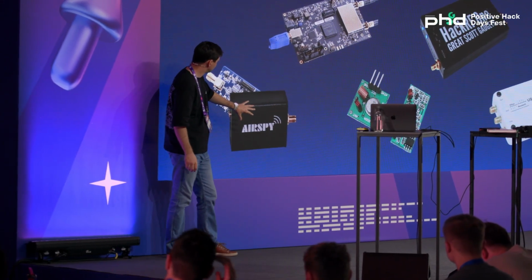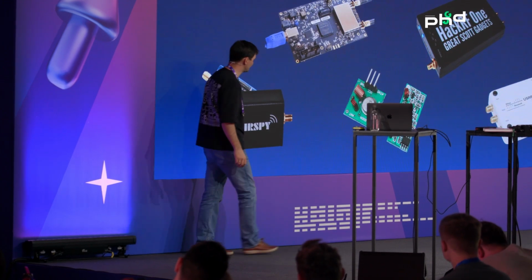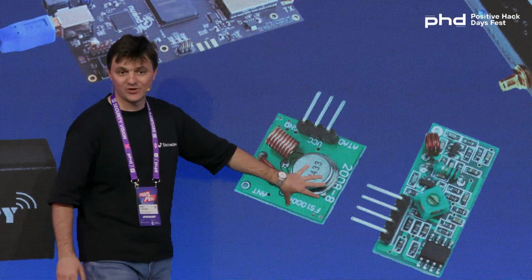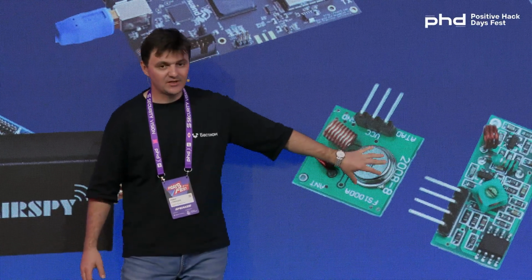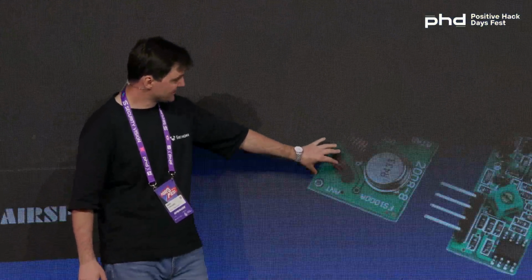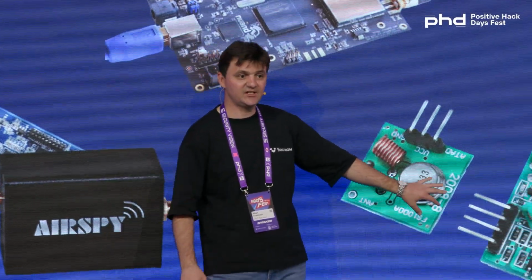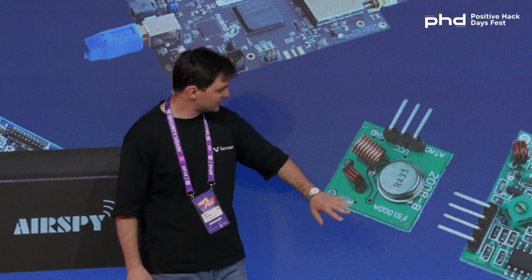AirSpy, also a small device for reception and transmission. This is an interesting thing for Raspberry Pi, which helps you transmit or receive at one frequency, 433 megahertz.